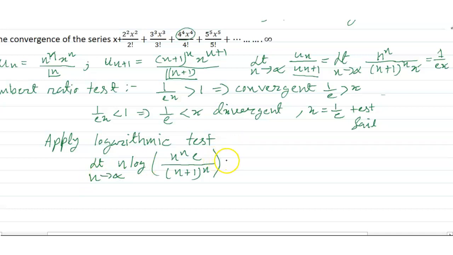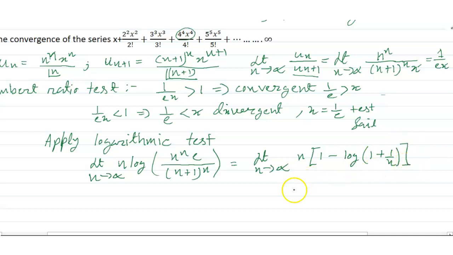Now we can write this way, limit n tends to infinity n into log of e minus log of 1 plus 1 by n.